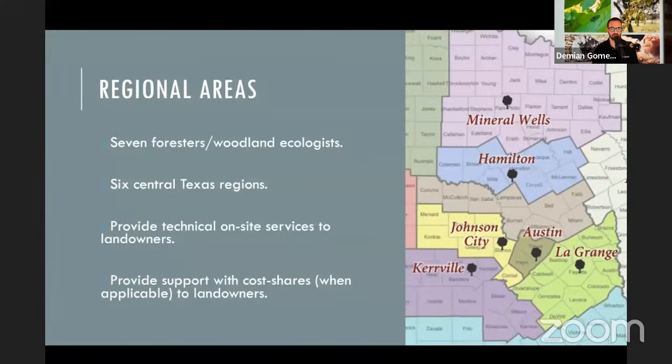But just to give a very short overview on how this actually works, we have different regional areas, and we have different foresters or woodland ecologists who attend to all these different counties where oak wilt is a big problem, and they provide technical on-site service to landowners, right? And in some cases, we even provide support with cost shares to these landowners as well.